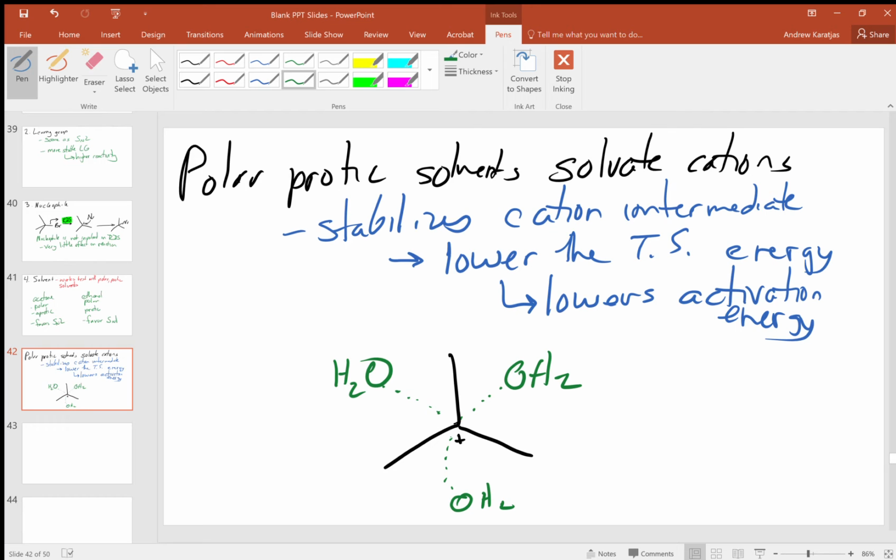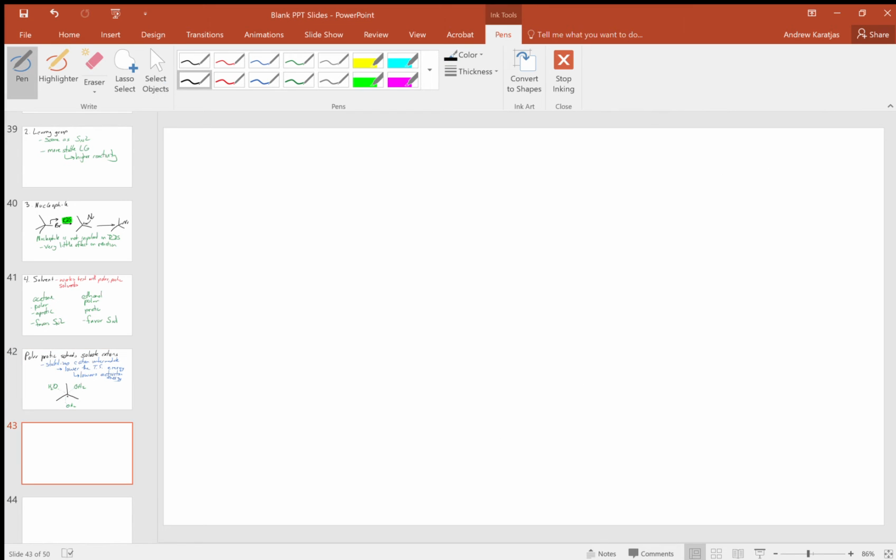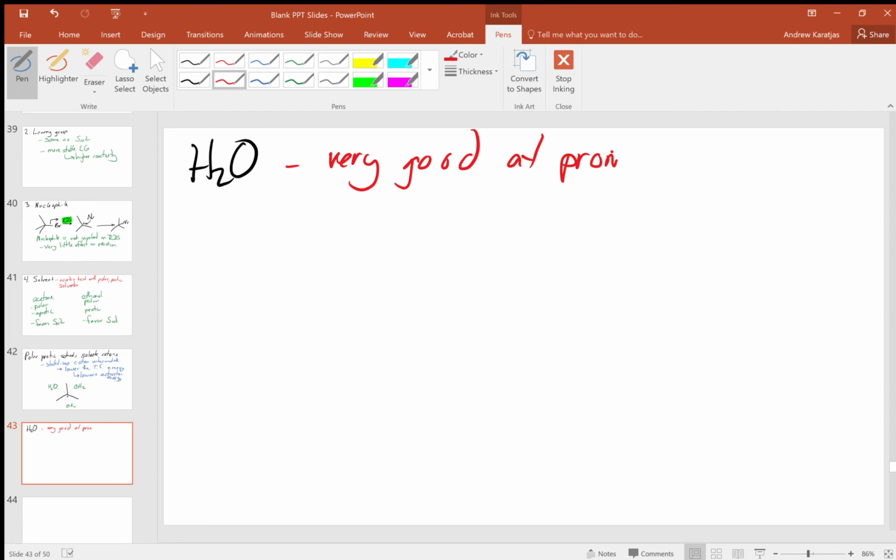So what do we use as solvents for SN1? Well, water is very good at promoting ionization. But what's the drawback of water?